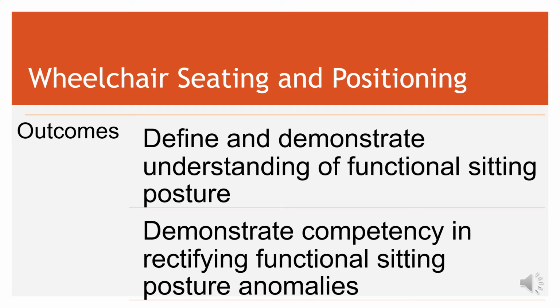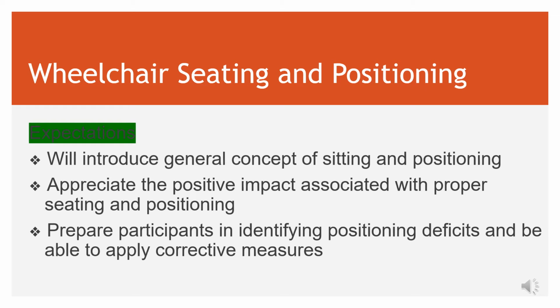The outcomes for this course include: number 1, defining and demonstrating understanding of functional sitting posture; number 2, demonstrating competency in rectifying functional sitting posture anomalies. And the expectations for this course include: the instructor will introduce the general concept of sitting and positioning.